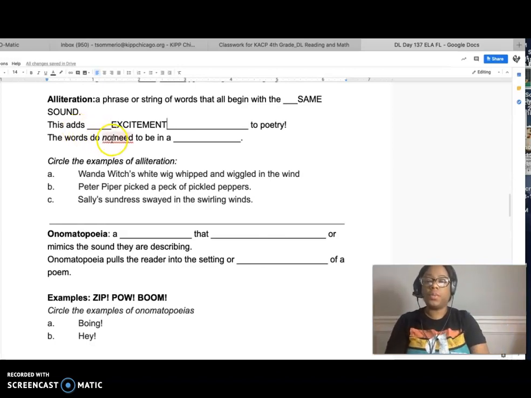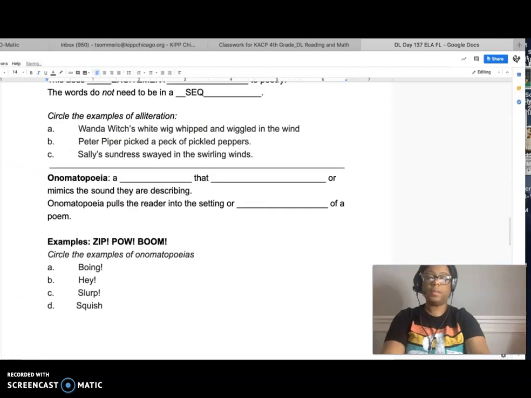The words do not need to be in sequence, but they do have to sound the same at the beginning of each word. Here are some examples of alliteration. Now, A. Wanda Witch's white wig whipped and wiggled in the wind.